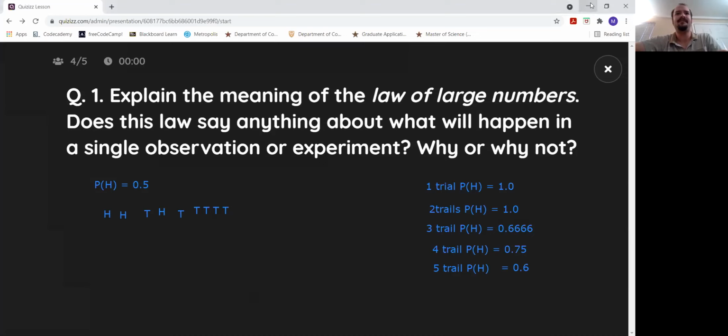Y'all see the window still for quizzes? There it is. What the heck happened? Weird. Now I don't even see that window that was there. Oh, that's a different window. It's a security browser. That's stupid. Okay, I thought I was doing annotations and it did something weird. Sorry.